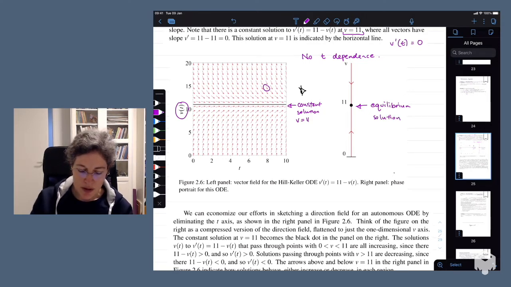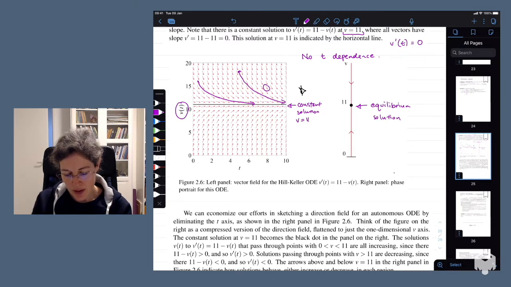And if you think about solutions that were not 11, so if we think about a solution that started over here, what you'll notice for this situation is that all the solutions over time tend towards the equilibrium solution. So no matter where you start, eventually, if you follow this direction field, you will end up basically at the equilibrium solution.